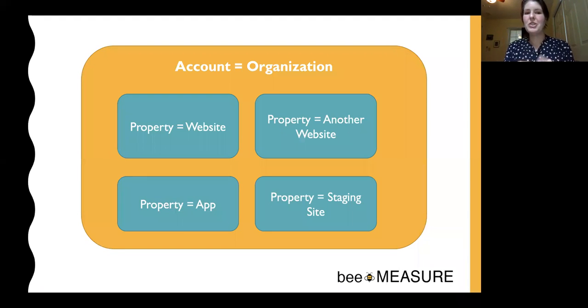And then underneath that, each website or app should have its own, quote unquote, property. When I say property, I mean pretty much website. So here's an example. You have 2 separate websites, an app, and a staging site. So you would have one account with 4 properties underneath it.